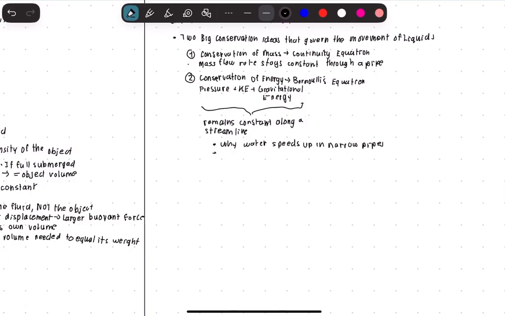It also explains why airplanes fly, why pressure drops when velocity is increased, and also why fountains rise lower than building height.